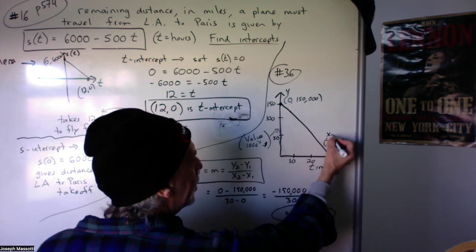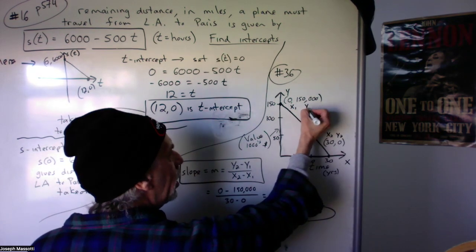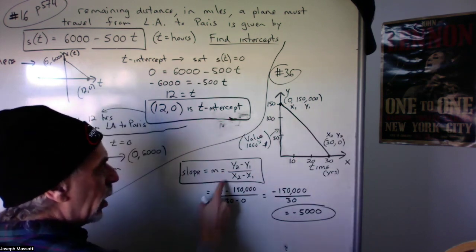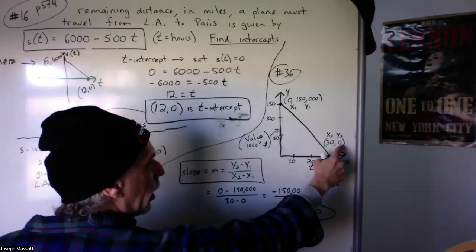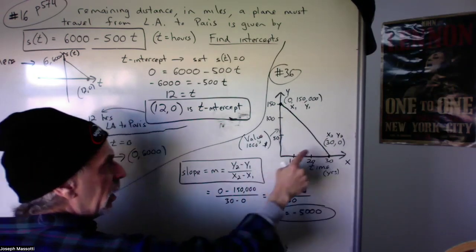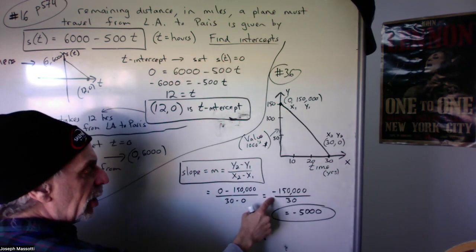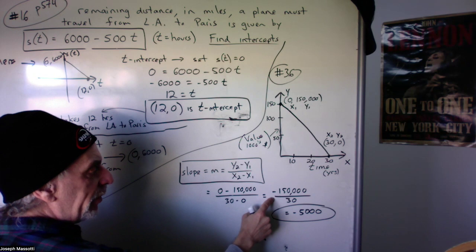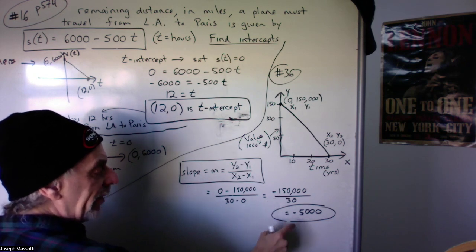This one is x2, y2, and this one is x1, y1. Just to be consistent with what I wrote here, y2 minus y1, 0 minus 150,000 over 30 minus 0 leaves us with a slope of negative 150,000 over 30, which reduces down to negative 5,000.